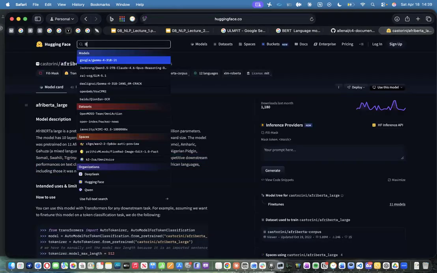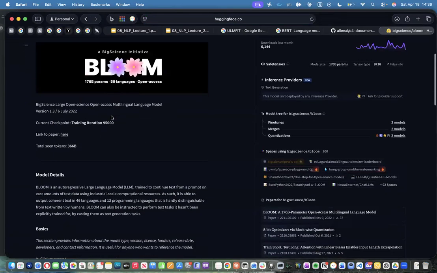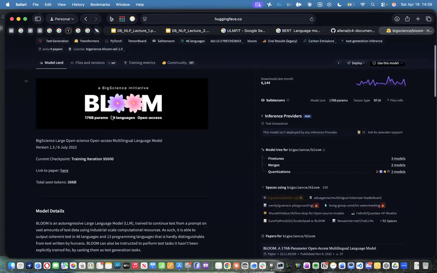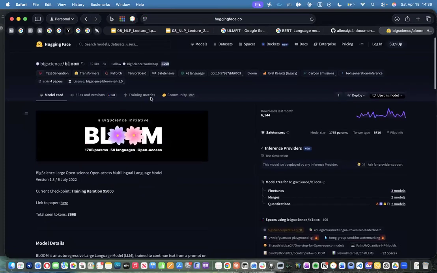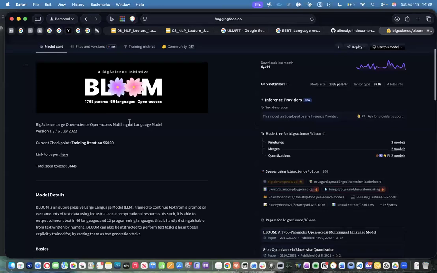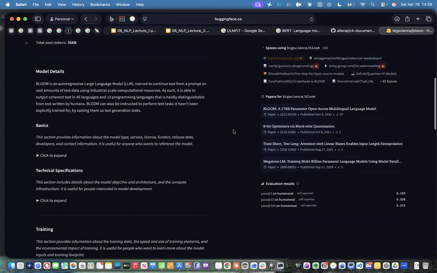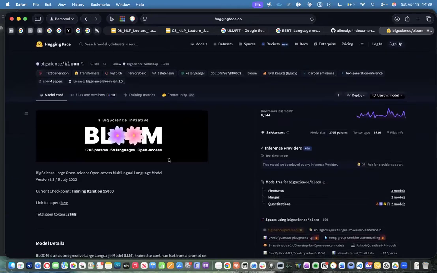If we look at the Bloom architecture, yeah, so look at it. This is Bloom, 176 billion parameters, 59 languages, and open access. This is a very good language model.